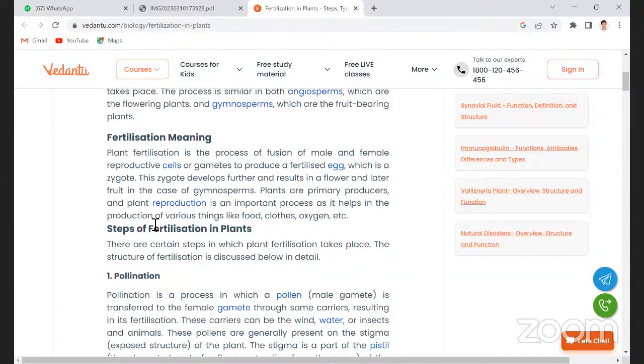Plants are primary producers, and plant reproduction is an important process as it helps the production of food, cloth, and oxygen, like photosynthesis. What is photosynthesis? I already told you many times the definition.